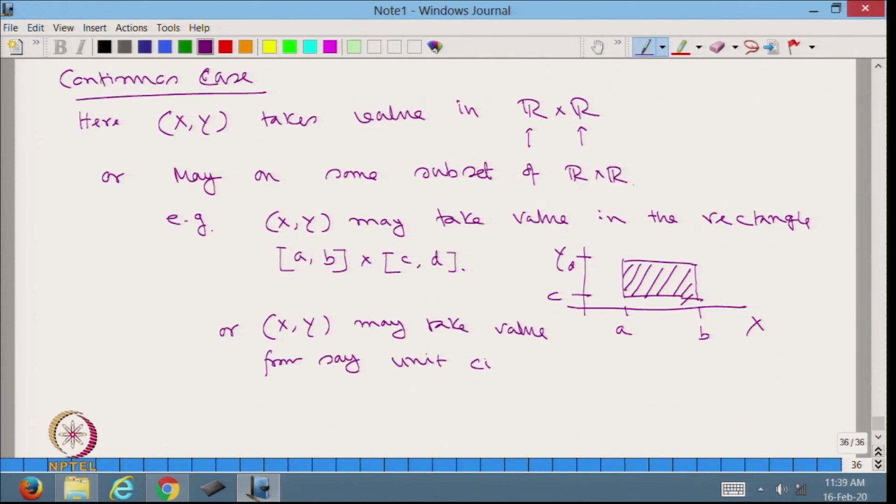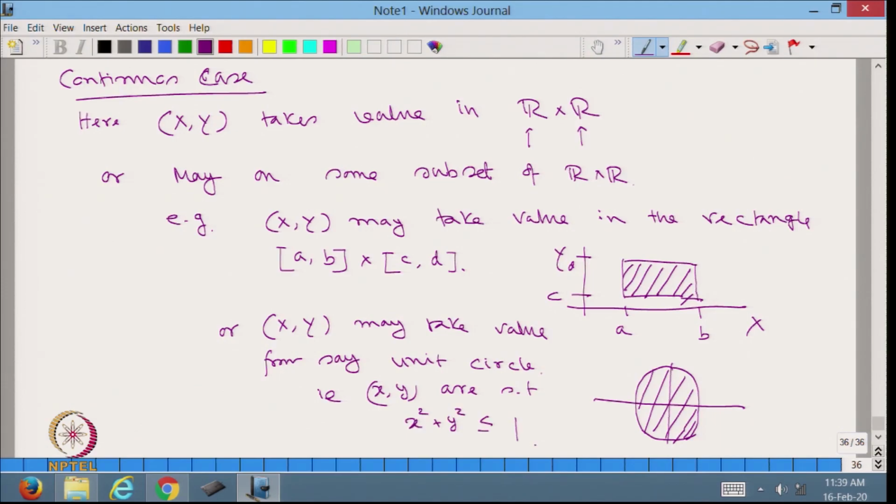Or (x, y) may take value from, say, the unit circle. That is, if this is the 2D plane and this is the unit circle, then (x, y) can take value at any point from inside the circle, that is, x and y are such that x square plus y square is less than or equal to 1.